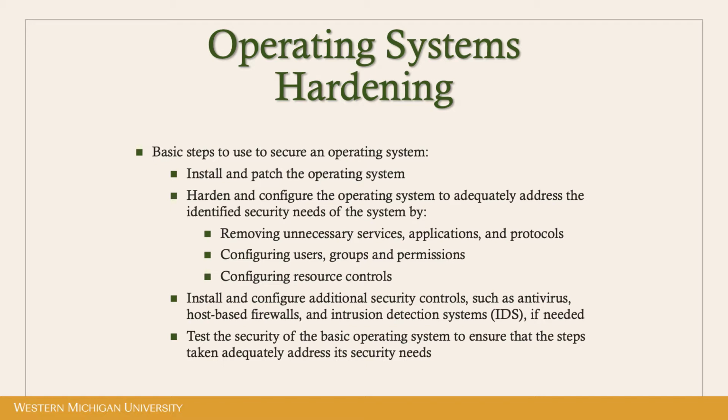And then we're going to test the security of the base OS to ensure that those steps have adequately addressed the security needs. And then I can go ahead and get my applications going. And what I really want to do after I install my applications and configure the system for production is to retest my security. Let's find out if those applications have added unacceptable security risks to the mix.